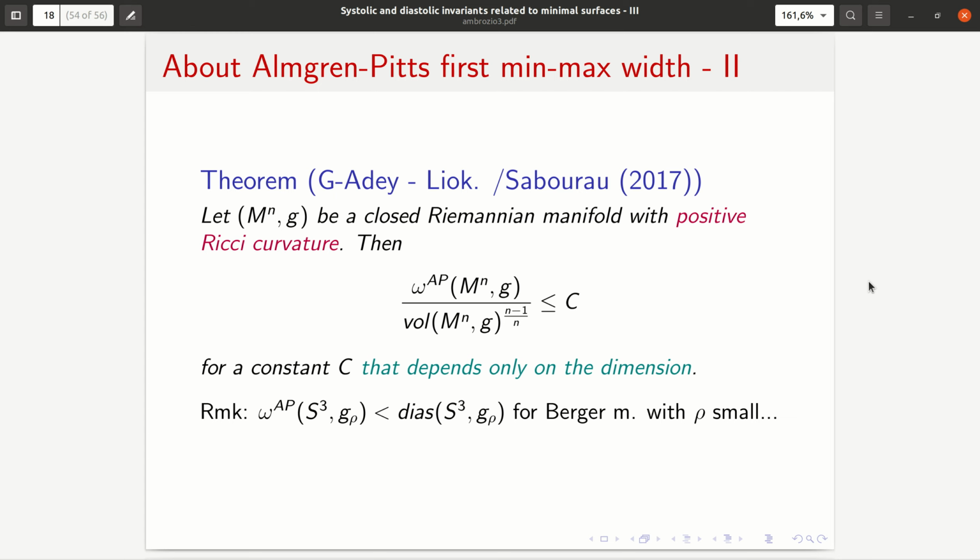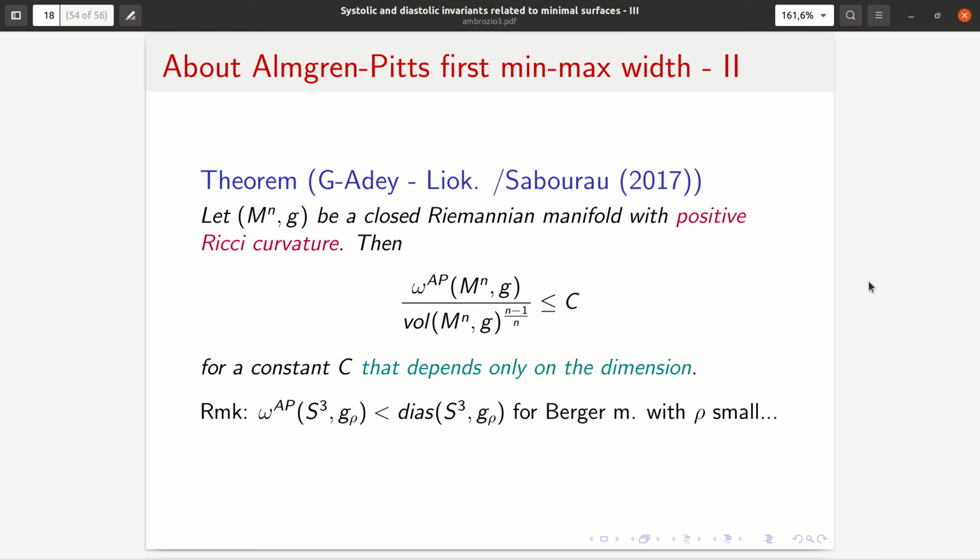This is not a contradiction, because as I said, the Almgren-Pitts allows more sweep-outs, and it is a known fact that for Berger spheres, Berger metrics with small parameter rho, with fibers that are very small, the Almgren-Pitts diastole is smaller than the Simon-Smith diastole.